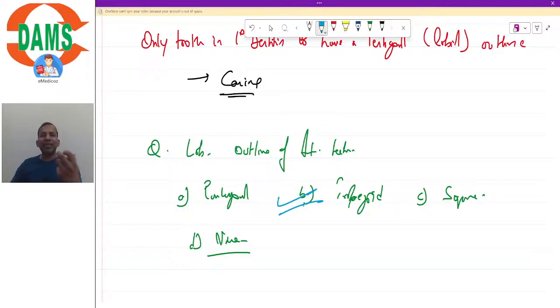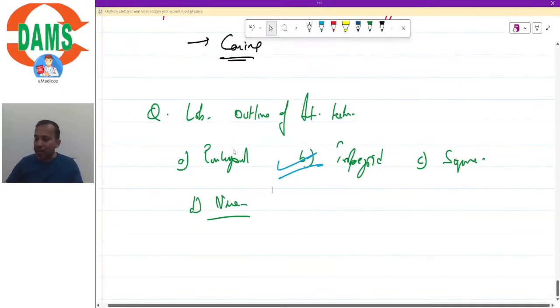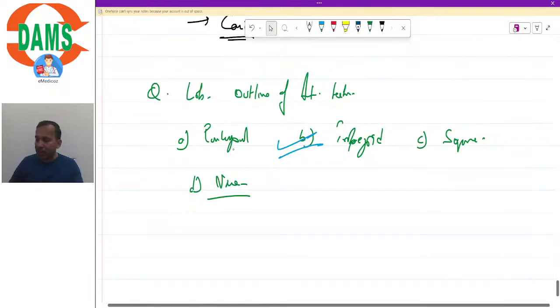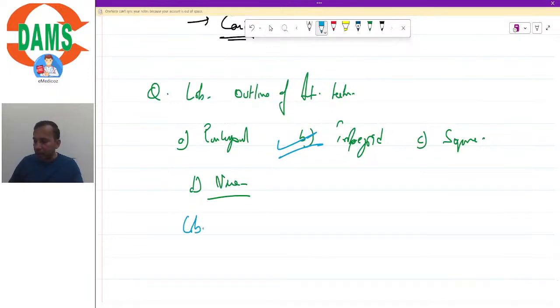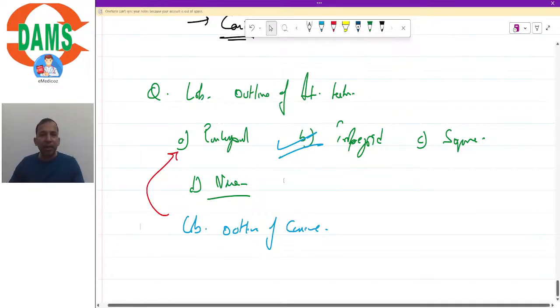But if this question is exclusively about canines, labial outline of canine, then the answer would be pentagonal, right? So based on the question, your option will change. If it is about just canine, you will say pentagonal. If it's about anteriors, you will say trapezoid.